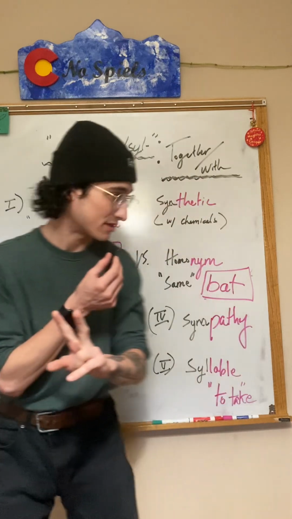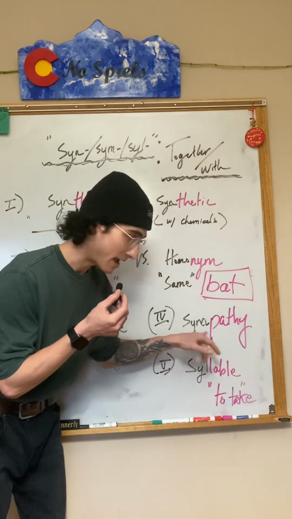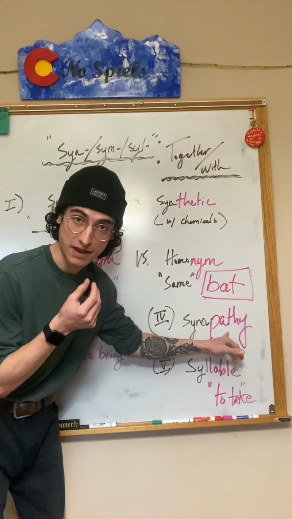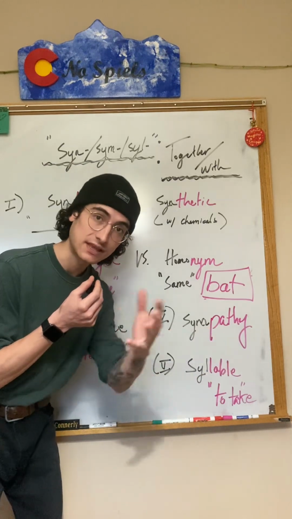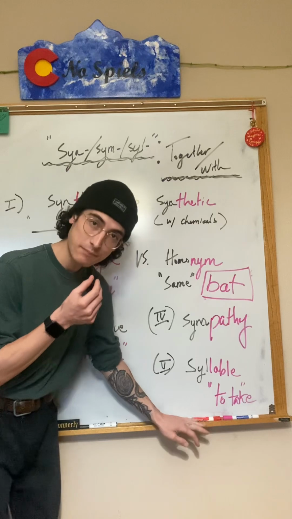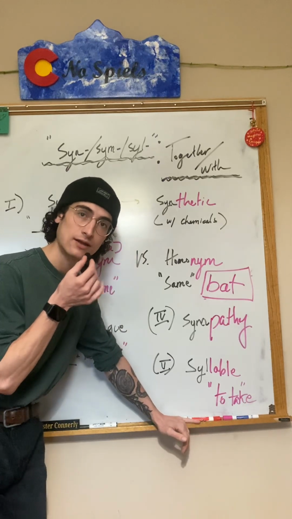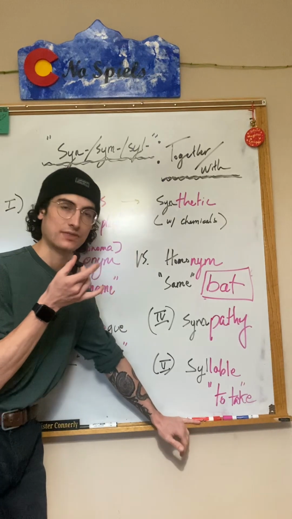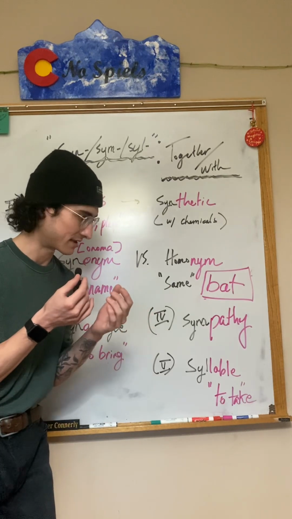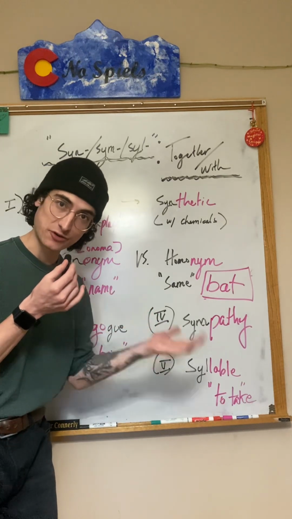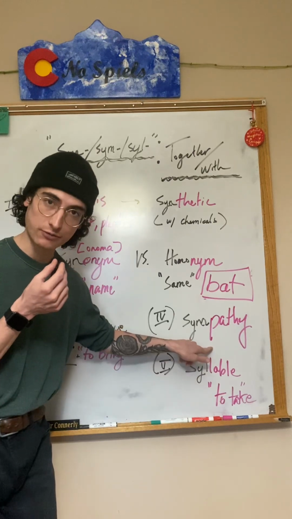Two honorable mentions here at the bottom. Sympathy, because we've already talked about that. SYN together and or with. Pathos, feeling. You're feeling with that person. You can't empathize with them because you don't have the relational or situational means of relating to them, the circumstance, but you know that they're going through a hard time.